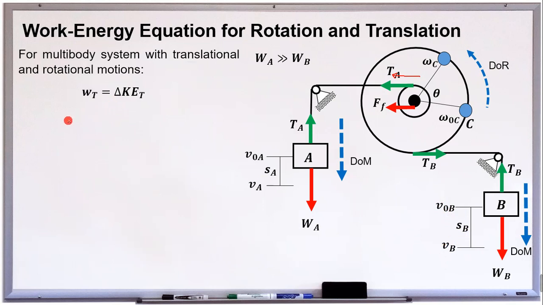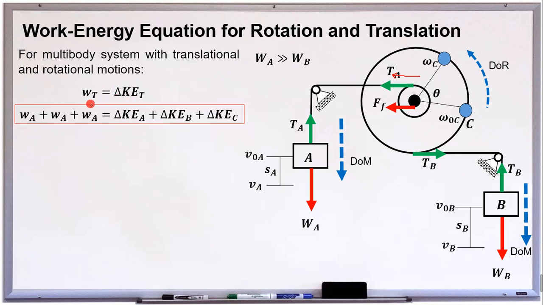Next, we will use the work energy equation. The total work done on the system, that is WT, is equal to the total change in its kinetic energy, delta KET. For the total work done on the system, since we have three objects present in our multi-body system, which are the blocks A and B and the cylinder C, we will add the work done by each of these objects.